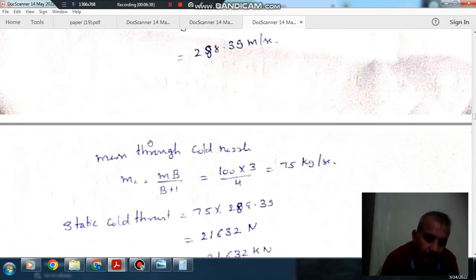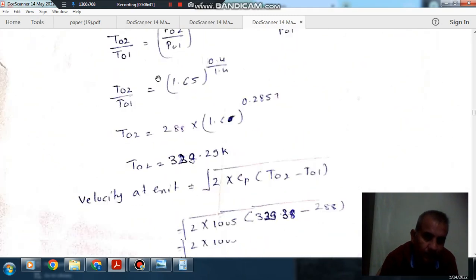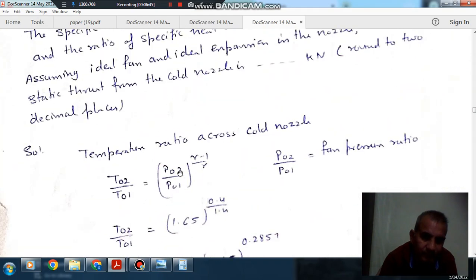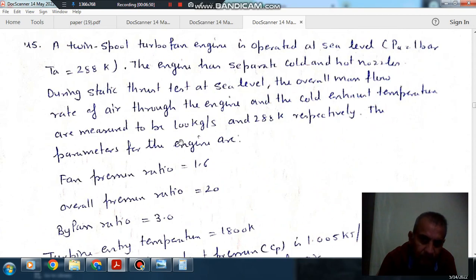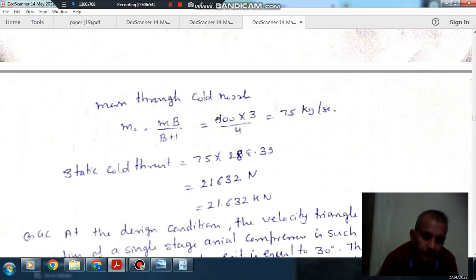The bypass ratio is given as 3, and the total mass is 100 kg per second. So the mass through the cold nozzle is m times B by B plus 1, that is 75 kg per second. That is the mass flowing through the cold nozzle.